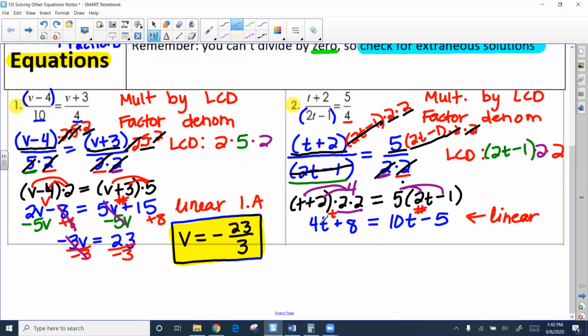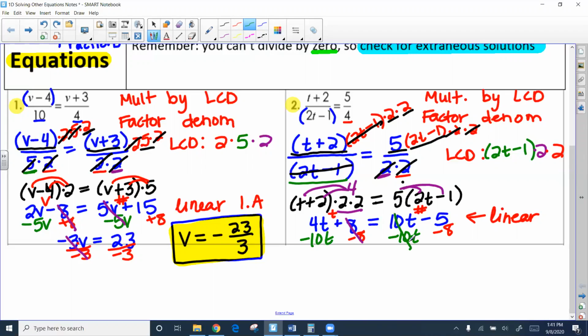So on the left side, I need to get rid of the plus 8. So I'm going to subtract 8 from both sides, because whatever I do to one side, I do to the other. That'll get rid of that. Then on the right side, I want to get rid of the 10t. So I'm going to subtract 10t from both sides.